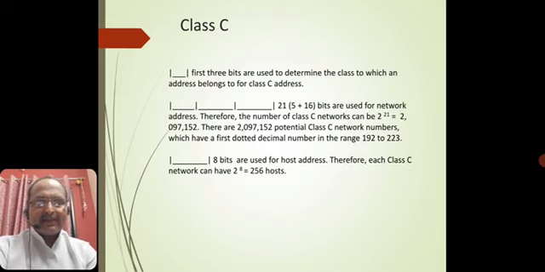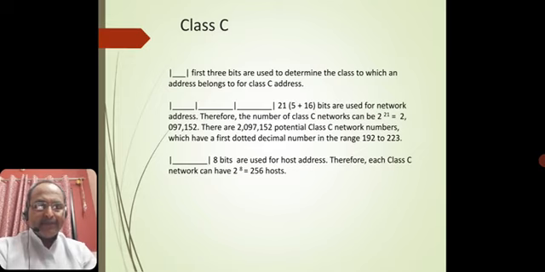Similarly, 21 bits are used for identifying the network, so the number of class C networks is 2 to the power of 21, which is equal to 2,097,152.